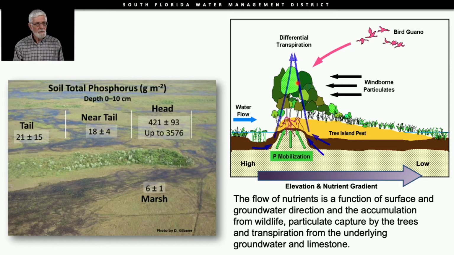But it's also due to the fact that birds could be feeding in the surrounding marsh and coming to the rookeries and depositing guano. We think there's also windborne particulates captured by the trees, creating this high nutrient content of tree islands.